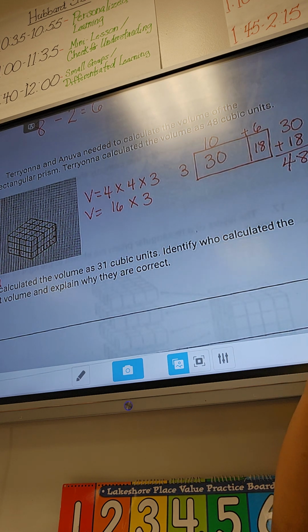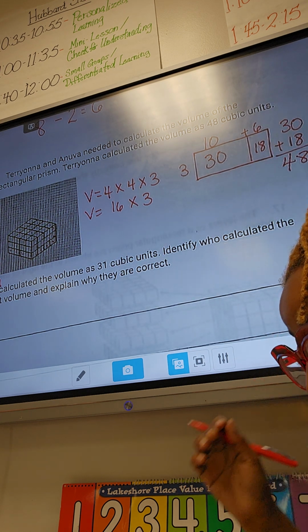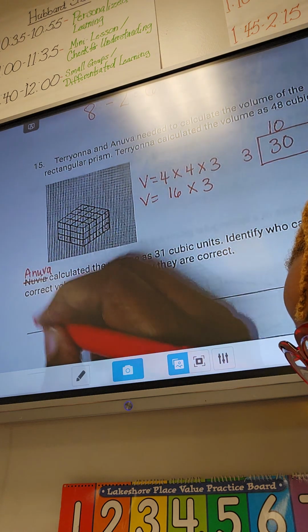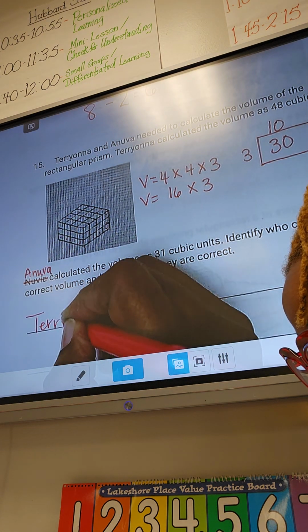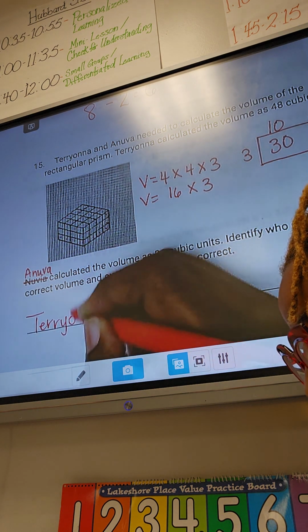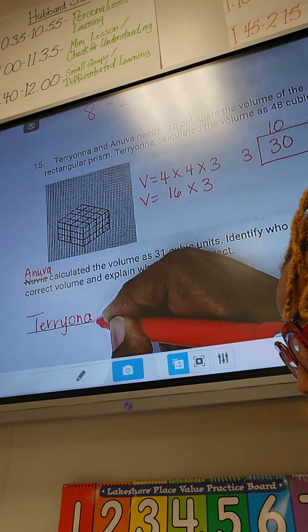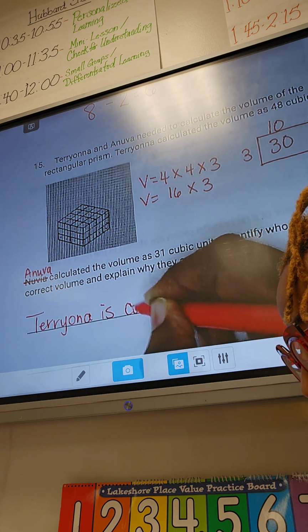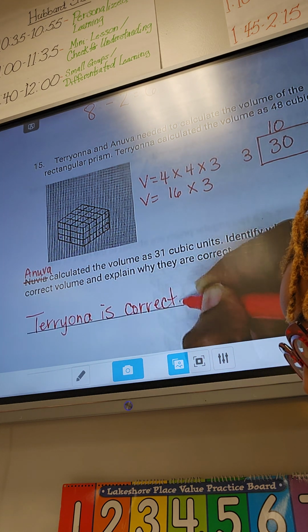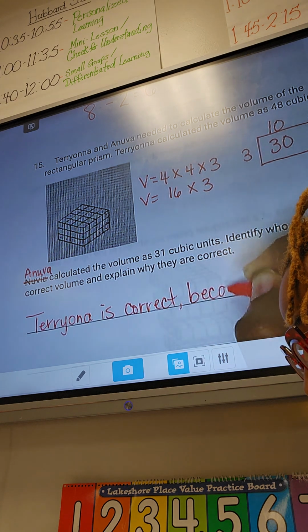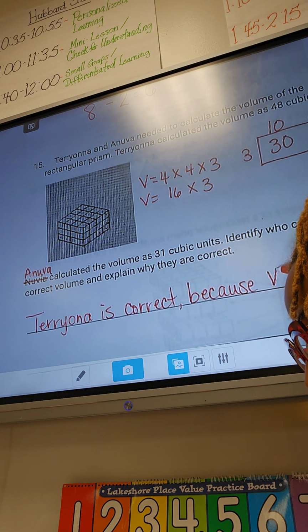Who is correct? Tariana is correct, and she says it's one N in her name. Tariana is correct because volume equals length times width times height.